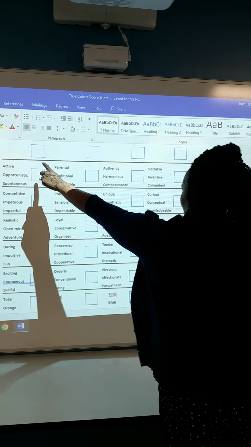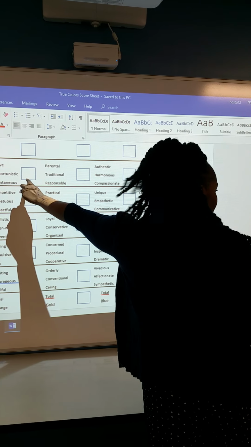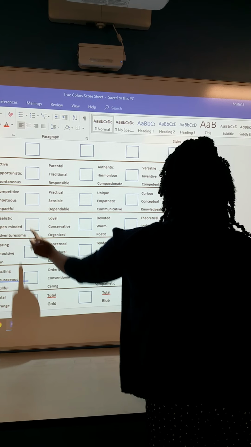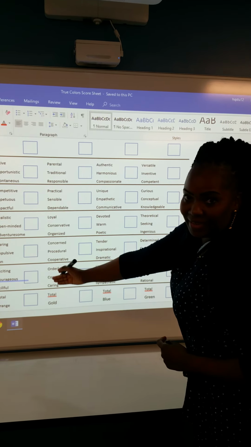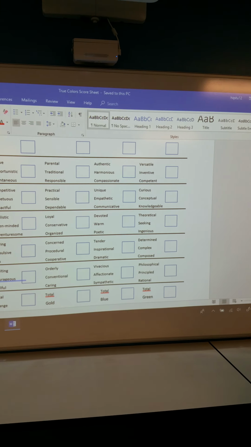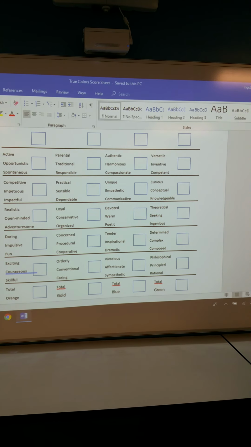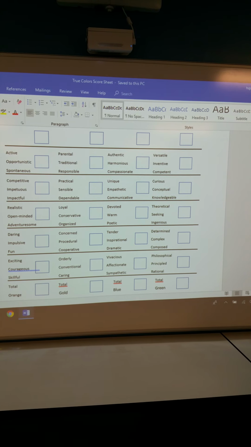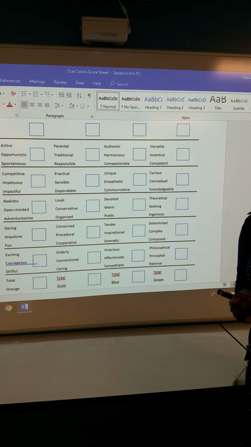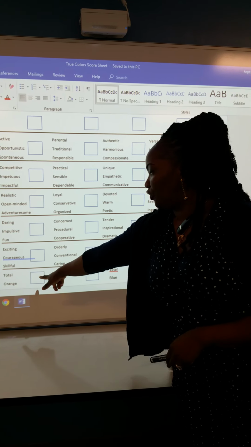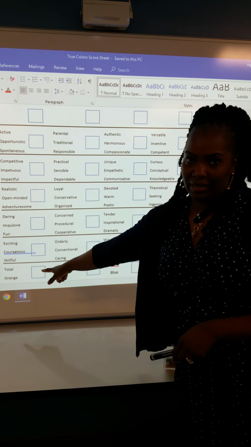If these were all the numbers here, 4, 4, 3, 2, 1, and 4, I would be adding these numbers. So this would total to 18. So that would show my total for orange would be 18.